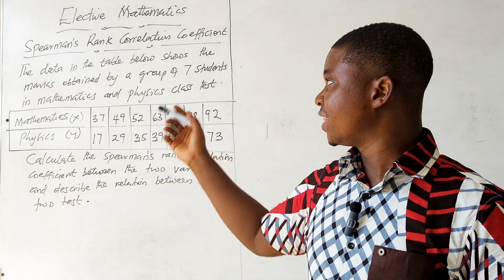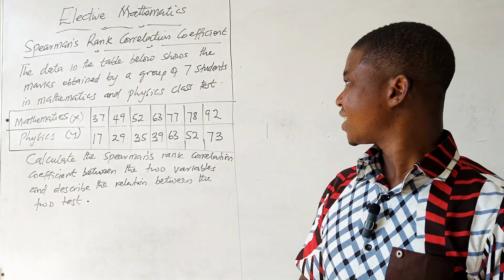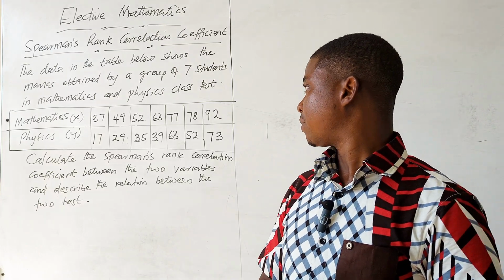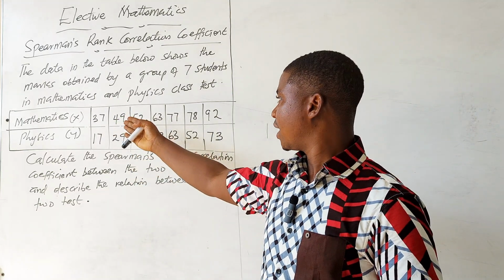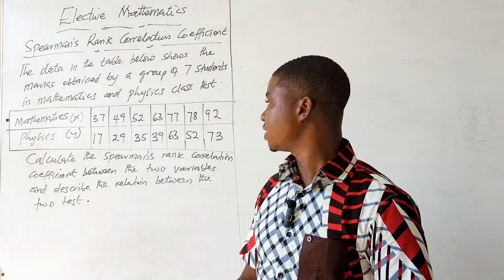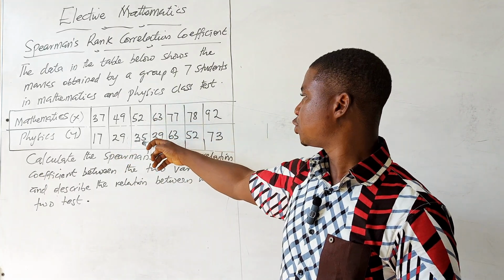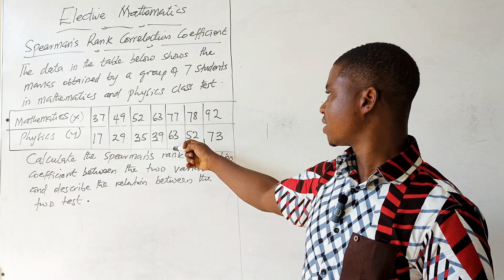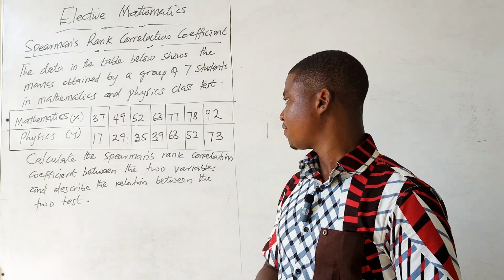And this one, we've been given the data, and the question is: the data in the table below shows the marks obtained by a group of 7 students in mathematics and physics class test. The table has mathematics 37, physics 17; 49, 29; 52, 32; 63, 39; 77, 63; 78, 52; 92, 73.